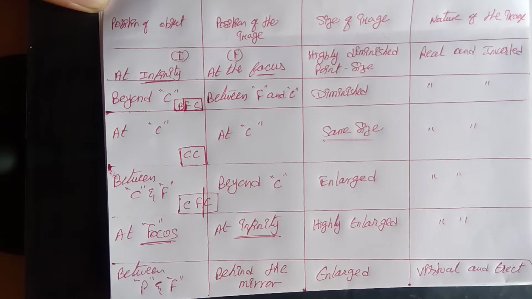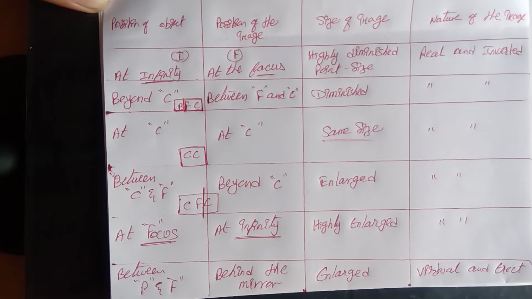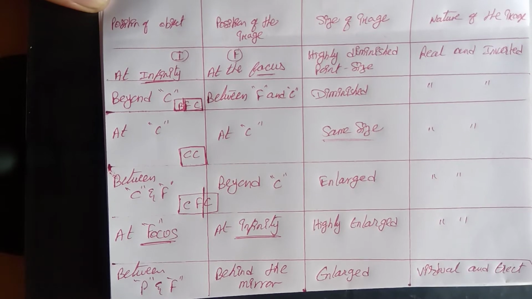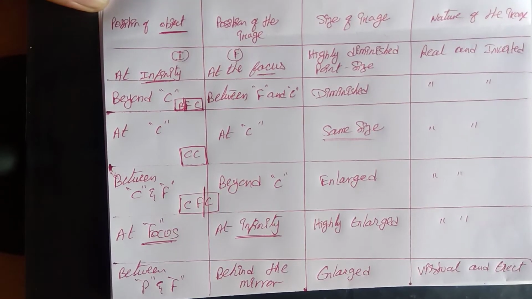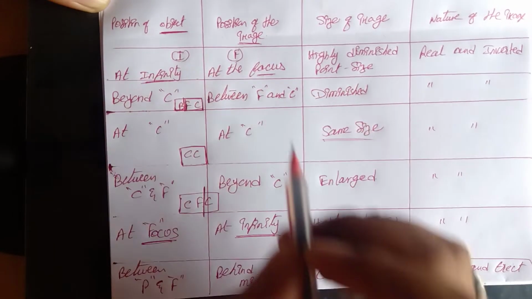We know the actual distance between the earth and the sun, but we are just assuming it to be at an infinite position. So if my position of object is at infinity, then my position of image would be at focus.